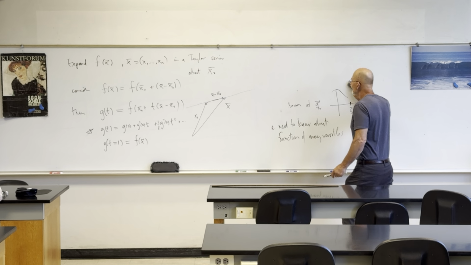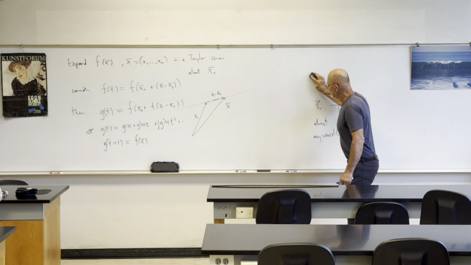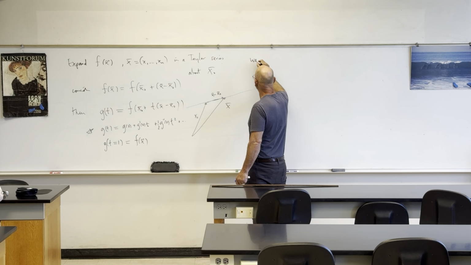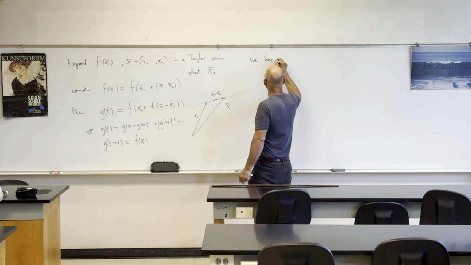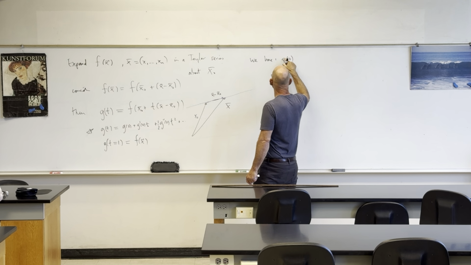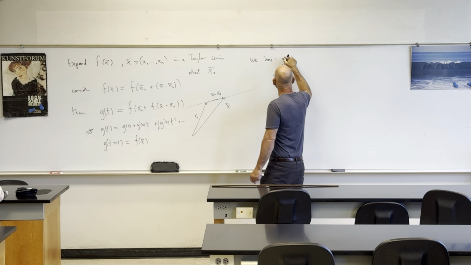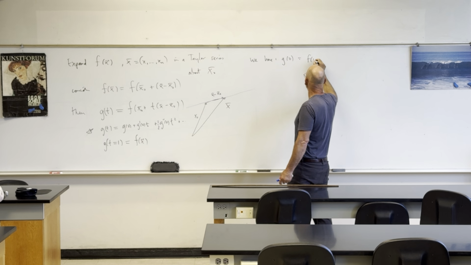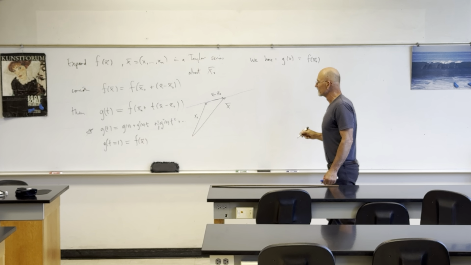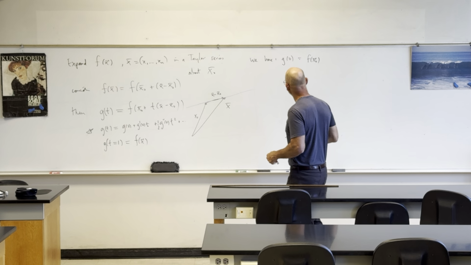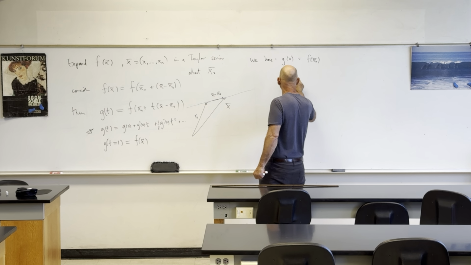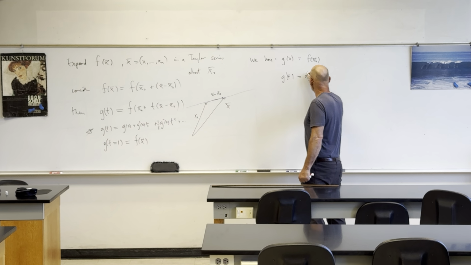So let's, so we have g of 0 equals f of x naught. Now we have to do g prime of t. G prime of t equals d over dt.